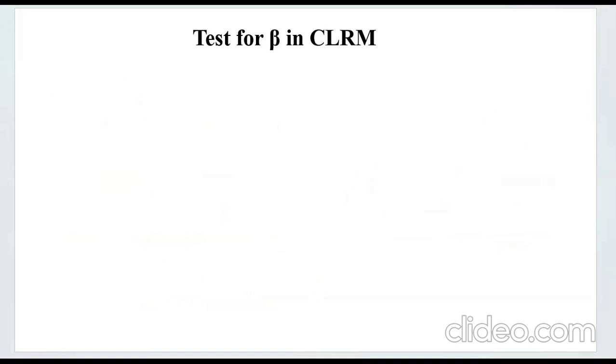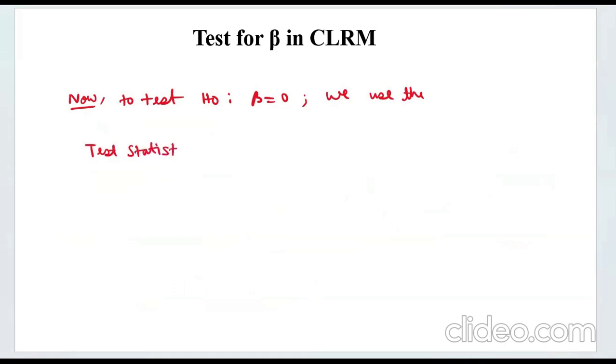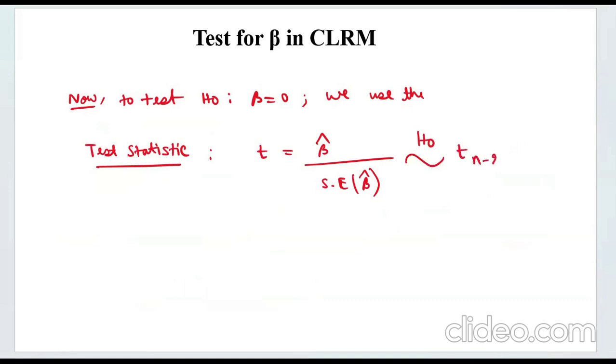Now, to test H naught: beta equals 0, we use the test statistic, which is given as T equals beta cap upon the standard error of beta cap, under H naught, which follows T distribution with n minus 2 degrees of freedom.